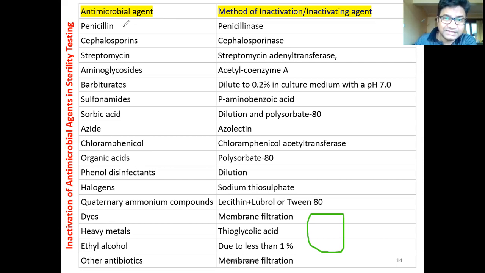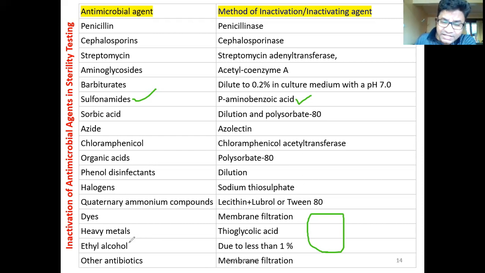If there are penicillins, you can use penicillinase, which will nullify the penicillin. If cephalosporins are there, use cephalosporinase. If sulfonamides are there, you can use PABA; this para-aminobenzoic acid will nullify the sulfonamide present. We are only checking whether the product is sterile or not. If the product has halogens, you can use sodium thiosulfate.